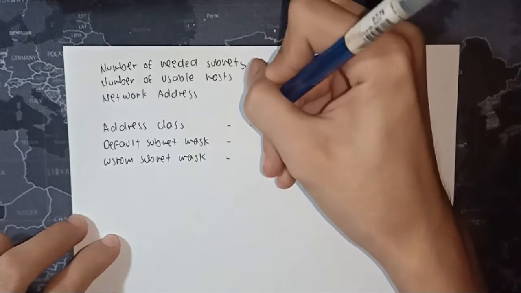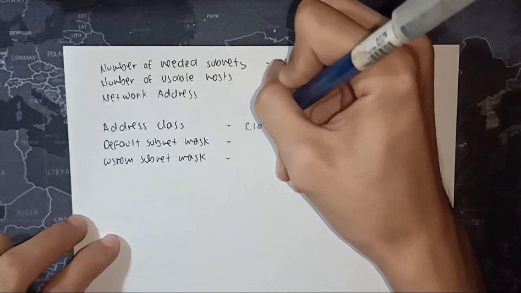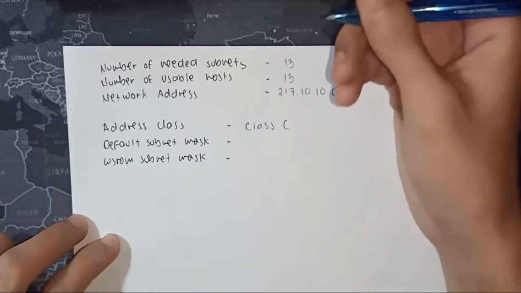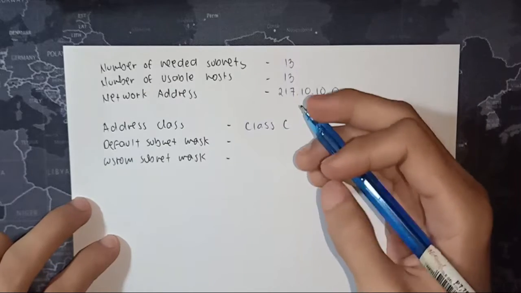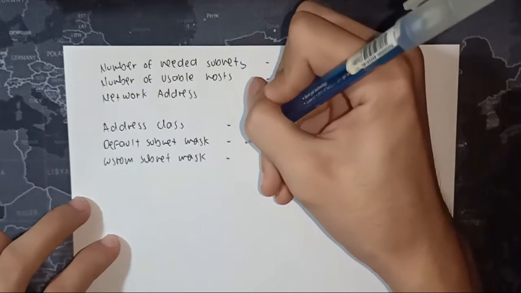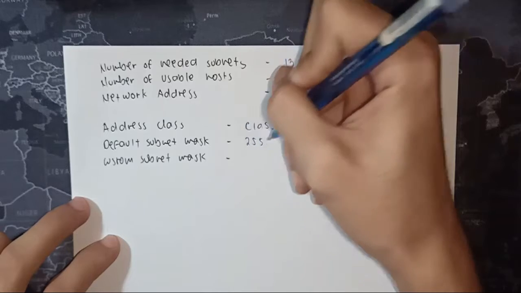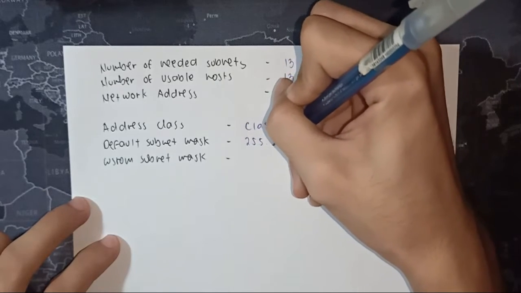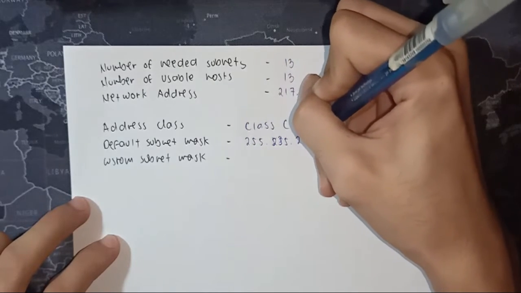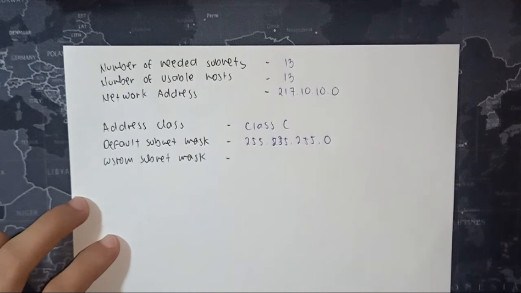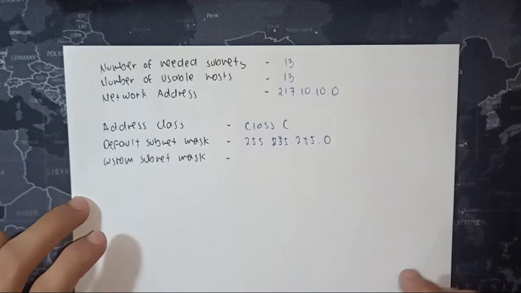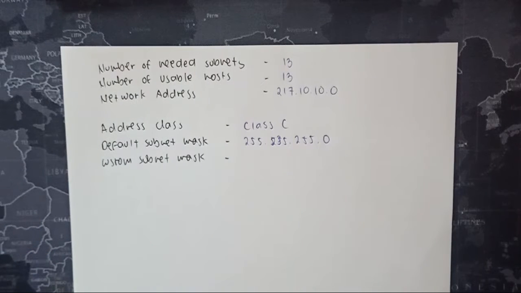So we are just going to write here class C. So since it is class C, the default subnet mask will be 255.255.0. Now, we're going to get the custom subnet mask.